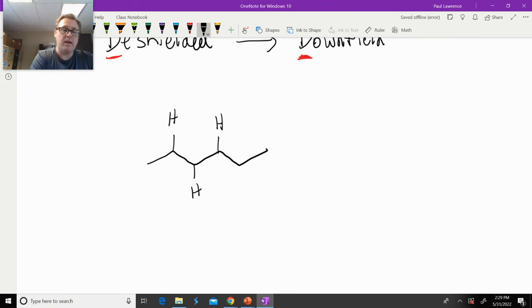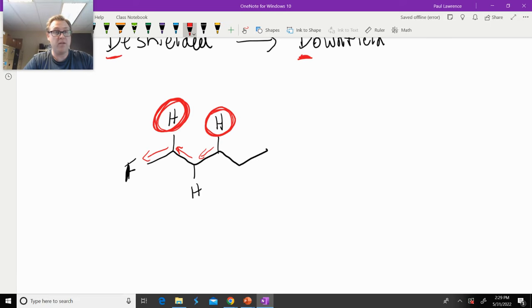Now let's say we put a very electronegative atom over here. What we are looking at is distance from the electronegative atom. Inductive effects pull electron density through these sigma bonds all the way towards the fluorine. But this hydrogen right here is going to feel that inductive effect the least, and this one right here is going to feel the inductive effect the most because it's closest to the fluorine atom.